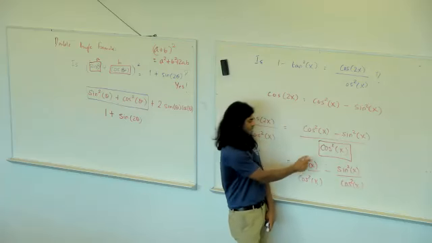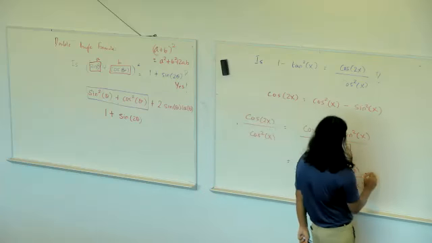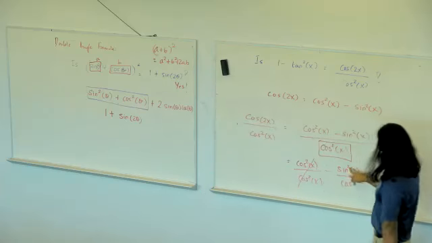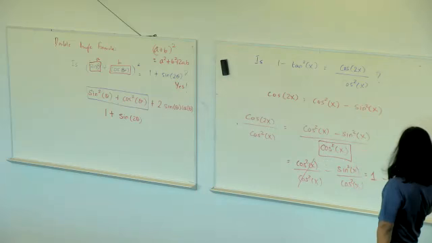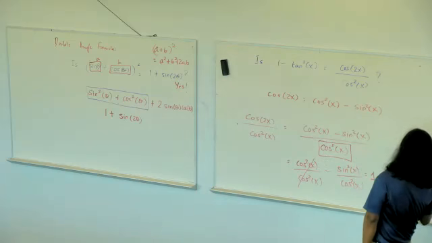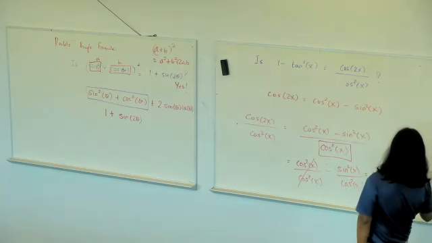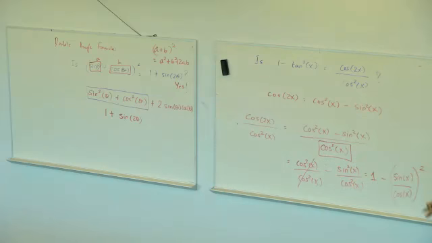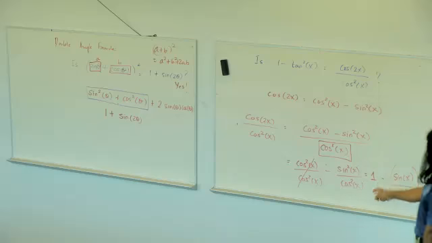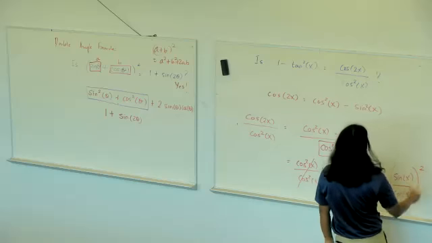You can cancel those two. This time I can write it as sine x over cosine x. You distribute the square, you'll have sine squared x divided by cosine squared x. But what is sine x over cosine x? Tangent. So 1 minus tangent x squared.